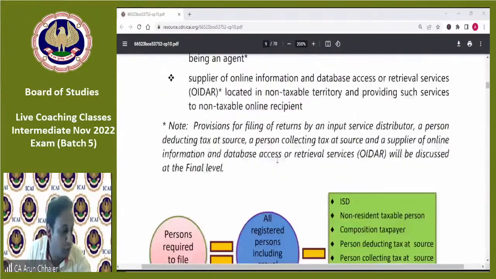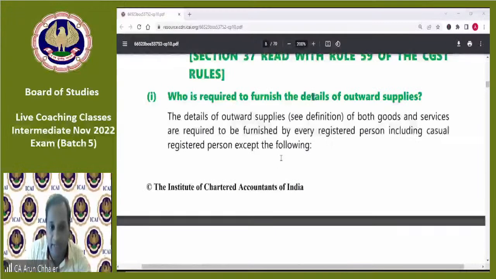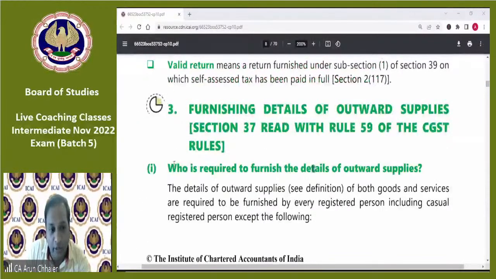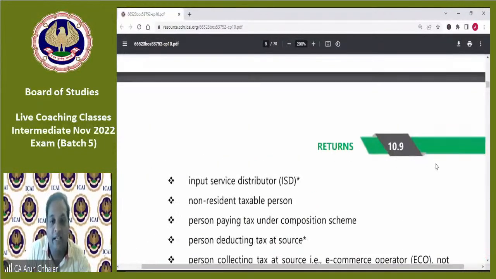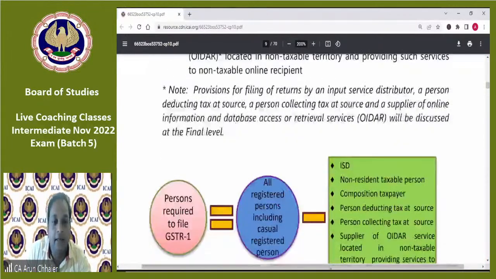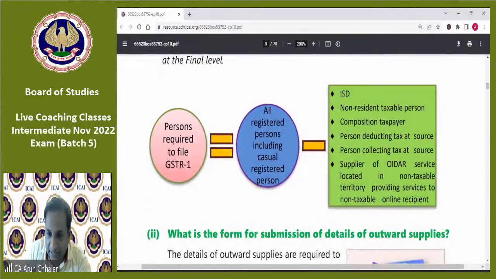Who is required to file the GSTR1? Every registered person, including casual taxable person, including CTP, but excluding the following: ISD, non-resident taxable person, composition taxable person, person deducting TDS or collecting TCS, and supplier of OIDAR are not required to file the GSTR1.